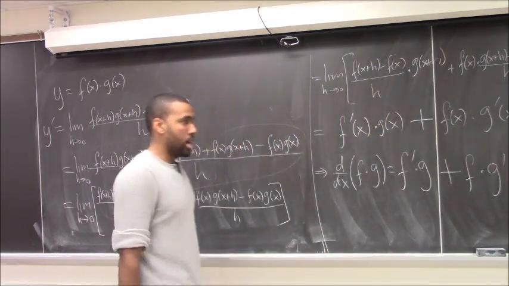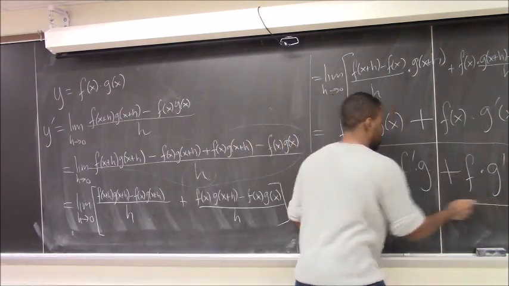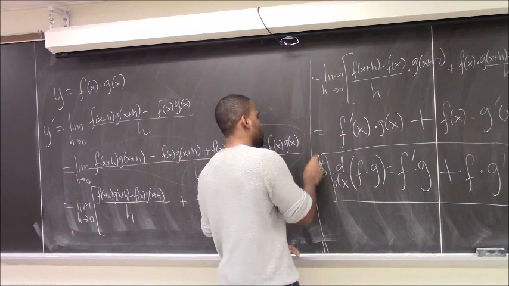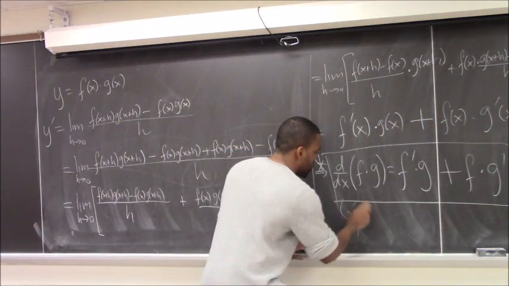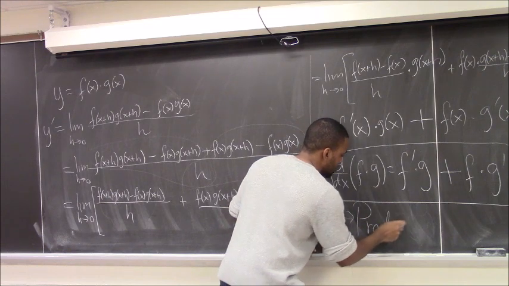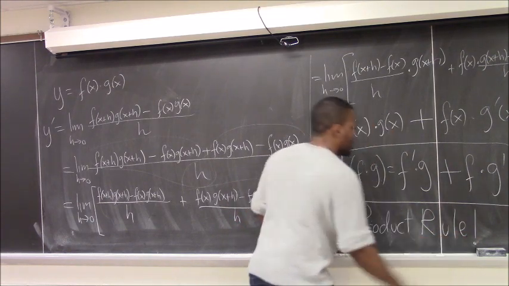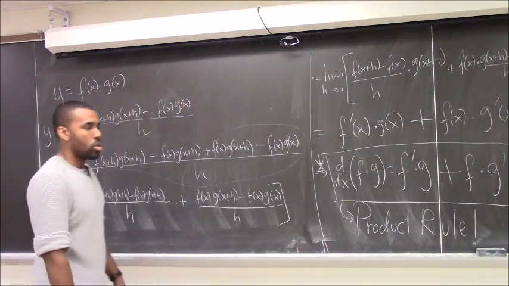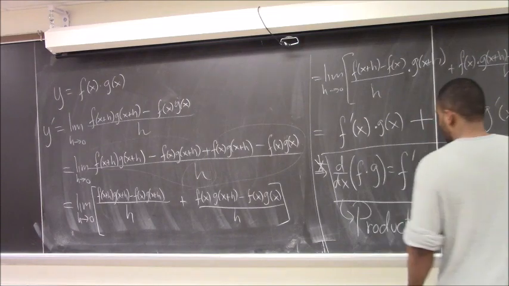Differentiate one function at a time and add them together. Very important rule. This is called the product rule. So that's the product rule for derivatives. Or just the product rule.